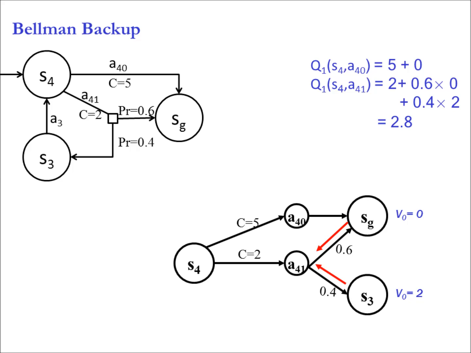Two plus 0.6 times 0 and 0.4 times 2, which is 2.8. Now what is the new value for S4? Will it be minimum over all actions, or maximum over all actions, or expectation over all actions? Obviously minimum. We want to do the best we can. So we take the minimum and we get a new approximation of 2.8. That is called a Bellman Backup operator.